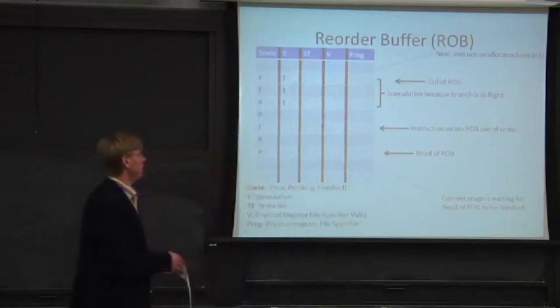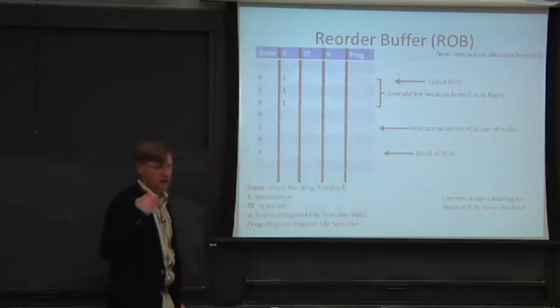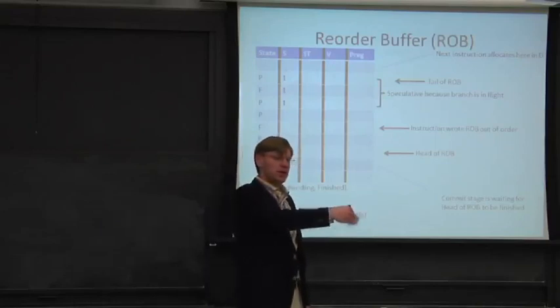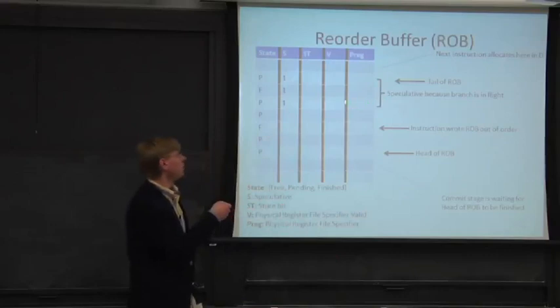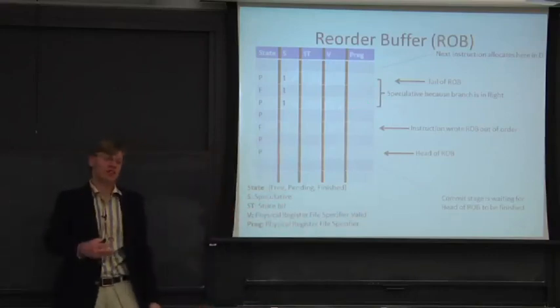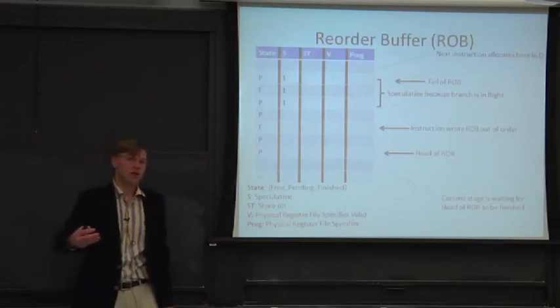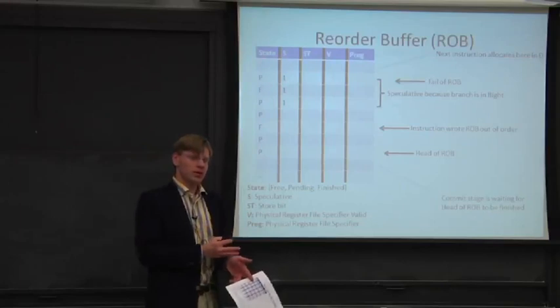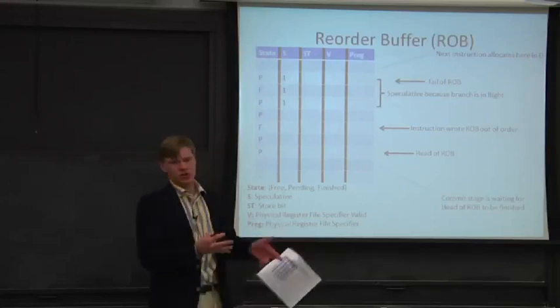And then finally, once the instruction goes all the way to the end of the pipe, it is going to fill in a location in here, which is the physical register file entry that is the destination of that value. So this basically allows the pipeline to know where to go find the actual value.